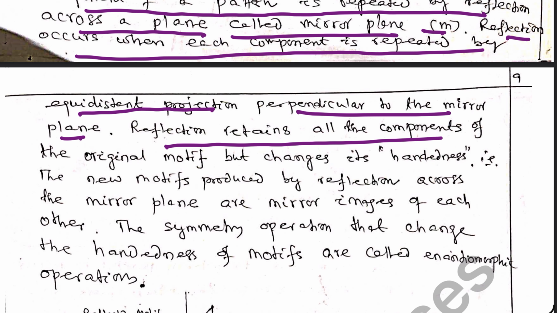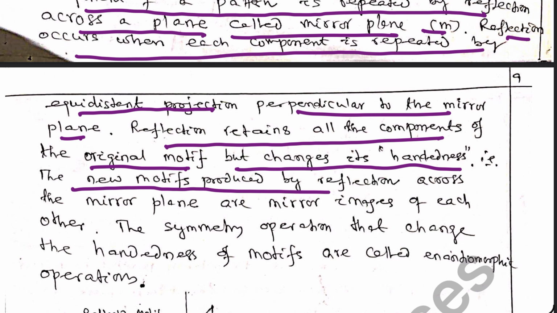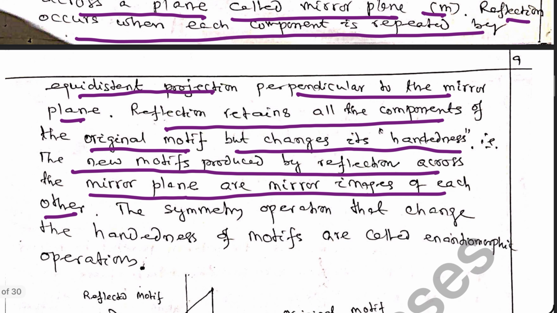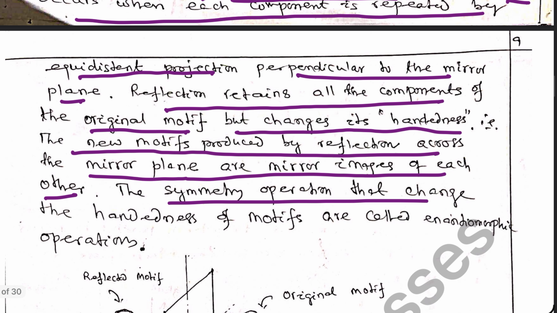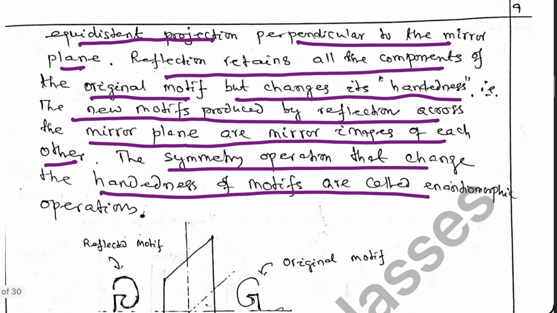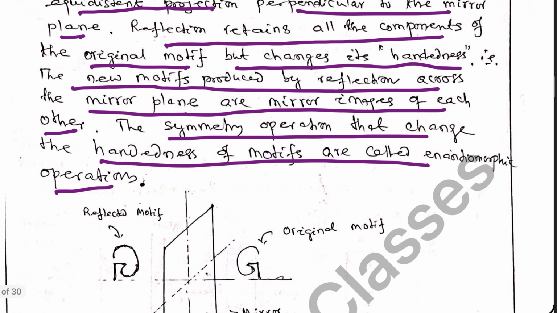Reflection retains all the components of the original motif but changes its handedness. Sides are being changed. The new motifs produced by reflection across a mirror plane are mirror images of each other. The symmetry operations that change the handedness of the motifs are called enantiomorphic operations.